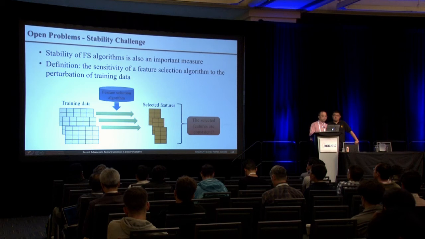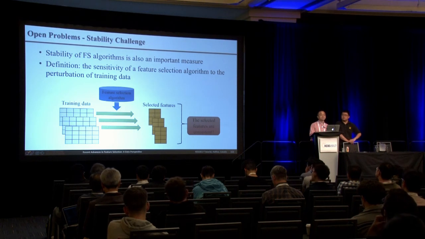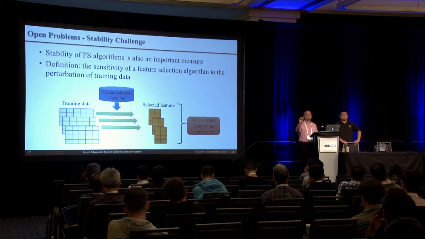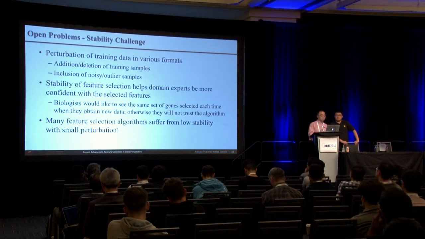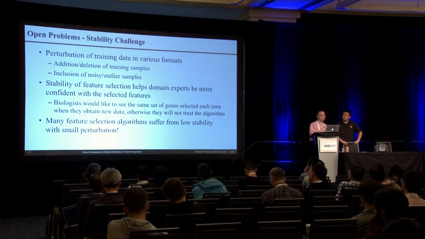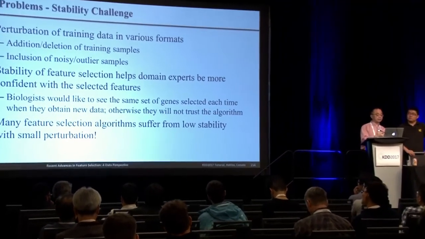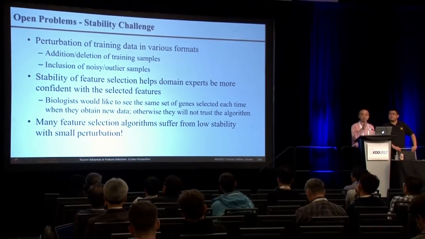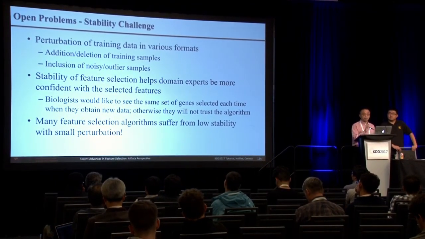Basically, you can have different samples of training data, select features, and see how different these sets of features are. You can perturb the training data. It's really not an easy problem, but it's worthwhile if you work on real world problems.